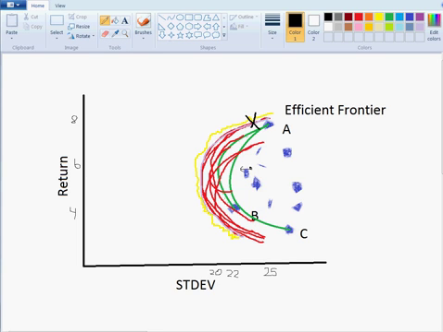So that bottom part of the efficient frontier down here is still on the frontier because it's still the lowest risk level you can get for that level of return, but it's not really investable. You wouldn't invest down here. A rational investor would invest somewhere between here and up here.